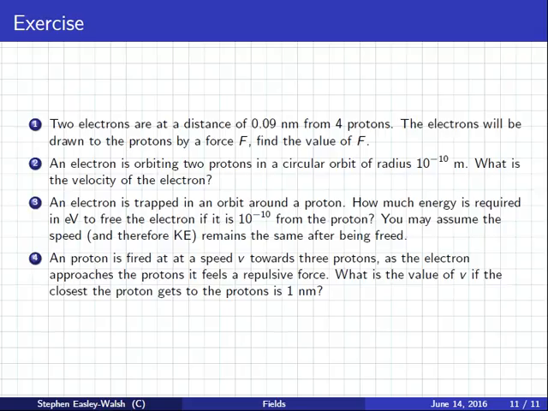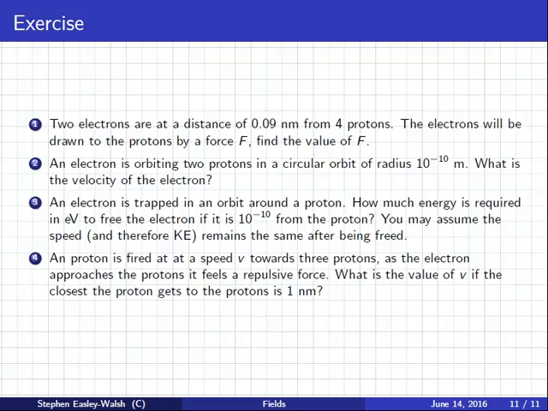It'll slow down, until it stops, and then it gets pushed away. I tell you that the closest it gets is 1 nanometer. To find the speed v it was fired at, look at the energies. There's a kinetic and a potential at the start, and a kinetic and a potential at the end, but at the end when it's stopped, the kinetic is 0. So in this way, you can get it.